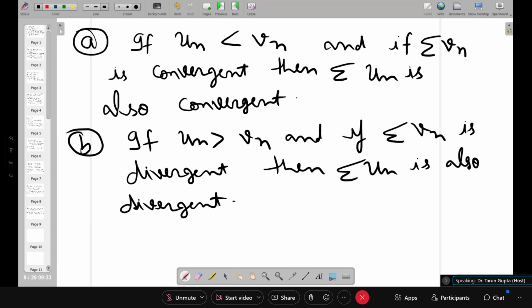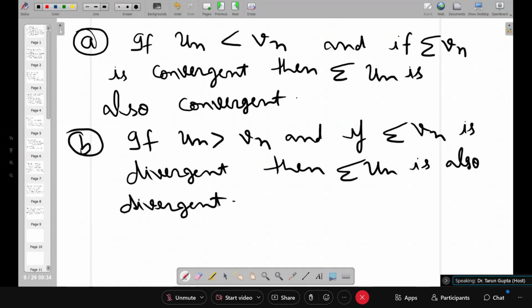Second part, if summation Un is given and you can find Vn in such a way that Un is greater than Vn, and that Vn is divergent, then Un is also divergent.